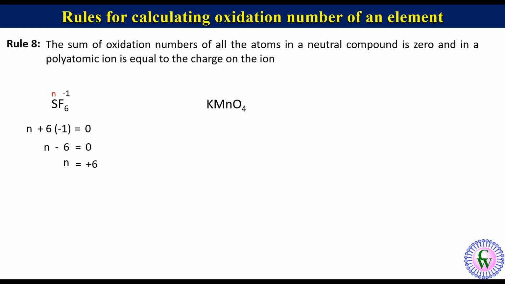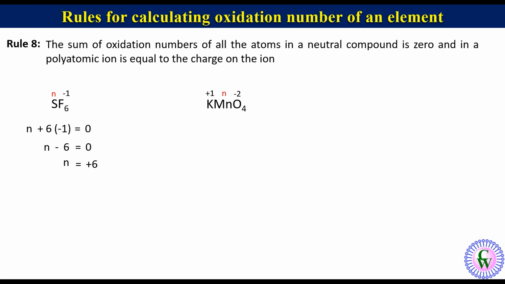Suppose the oxidation number of manganese is N. We already know that potassium always has +1 oxidation number. The oxidation number of oxygen is -2.